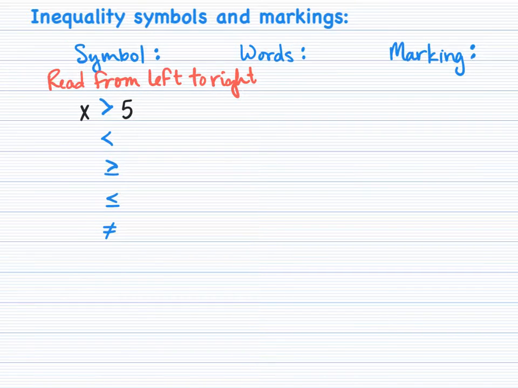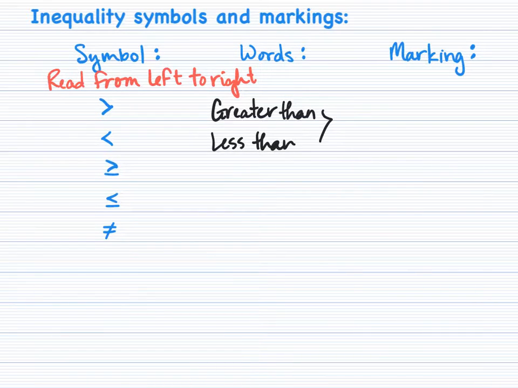So this first one is greater than. When we flip that around, it becomes less than. And these are both excluding. So the values that we input there are not included.